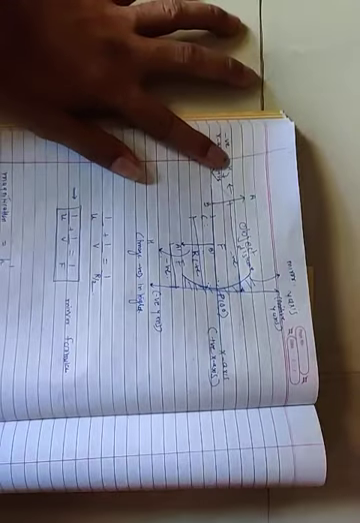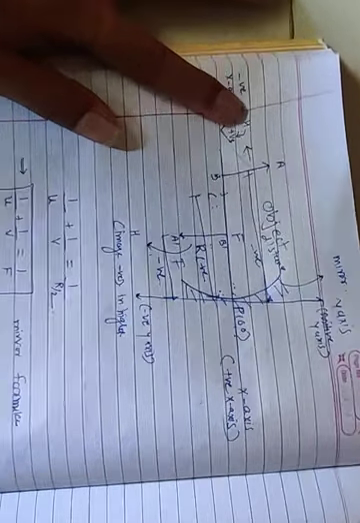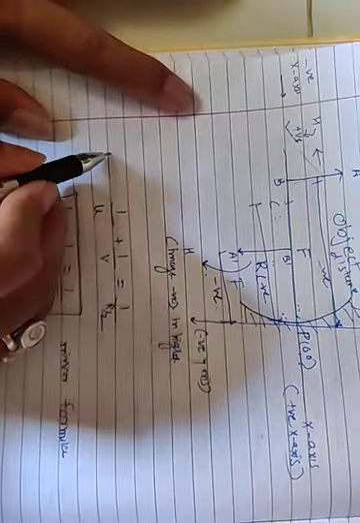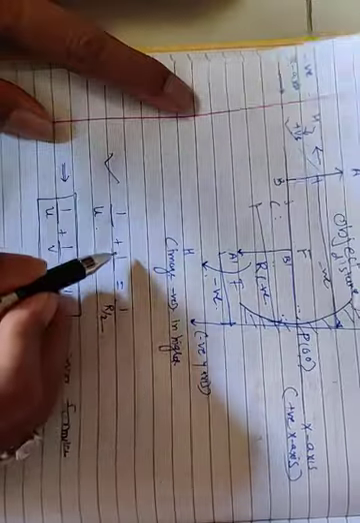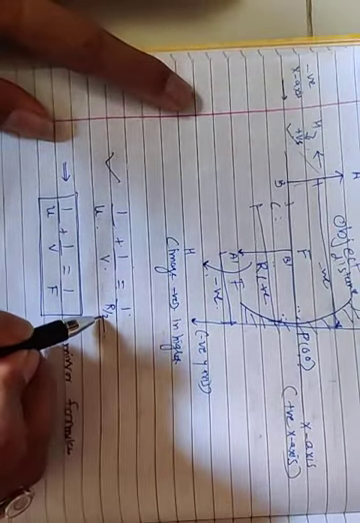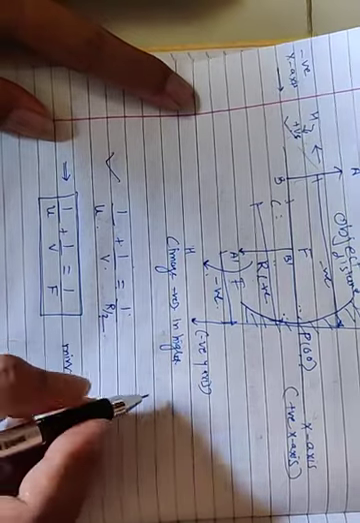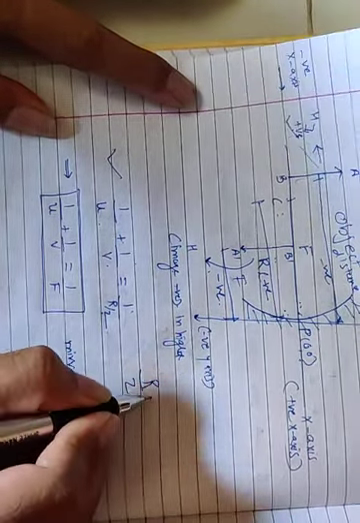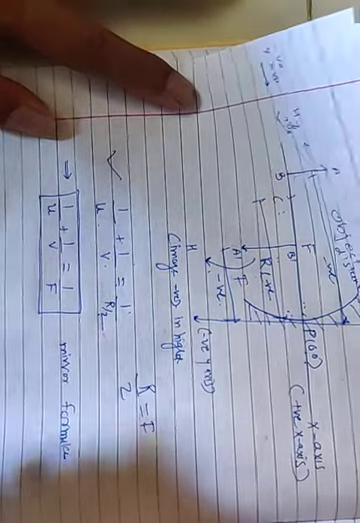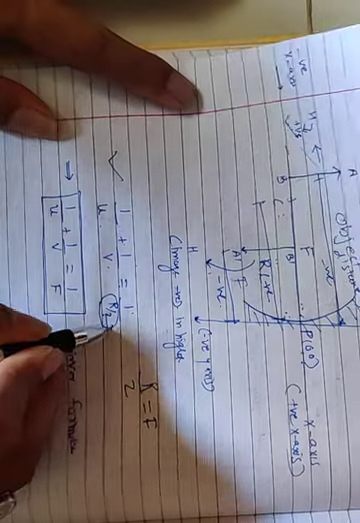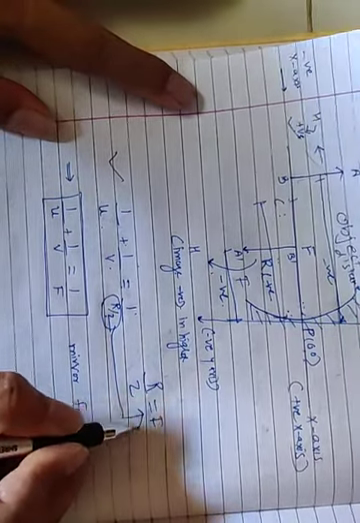Based on this, we have got the mirror formula. The mirror formula says that 1 by u plus 1 by v is equal to 1 upon R by 2. As we have already proved, R by 2 is equal to f. So I will substitute and replace this value with f.